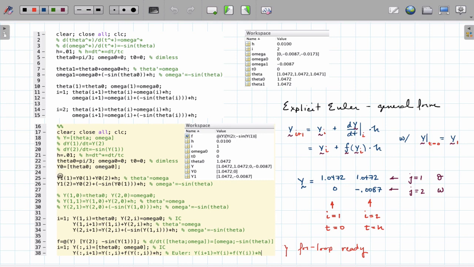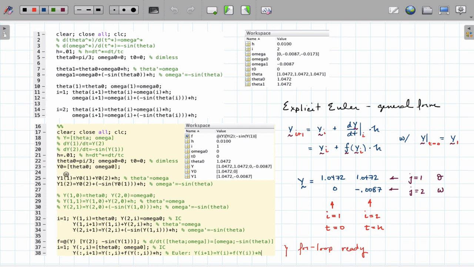At the first time step, so y1 here, the 1 in the variable name indicates that I'm at the first time step. y1, so this is going to be the first time step of what? The index here is a 1, that is our theta values.